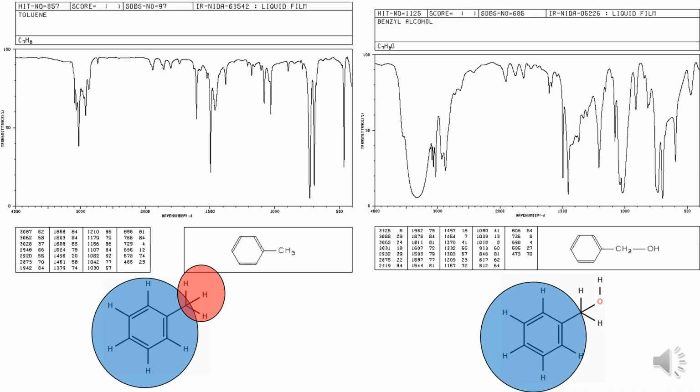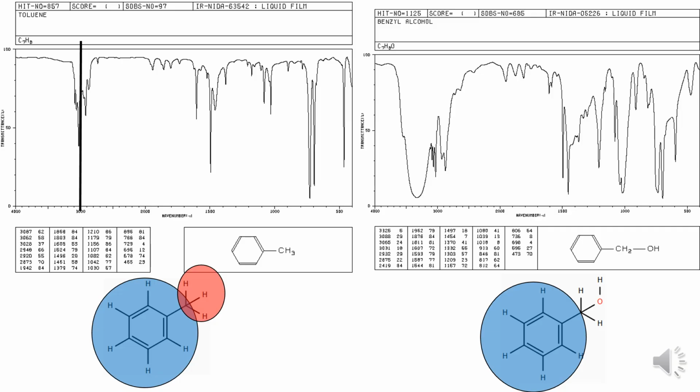These two compounds differ with respect to the side chain. So you find the methyl group in the case of toluene, and in the case of benzyl alcohol, you find the side chain, that is a methyl group, extended with a hydroxyl group. So in benzyl alcohol, you find the presence of a hydroxymethyl group directly attached to the benzene ring.